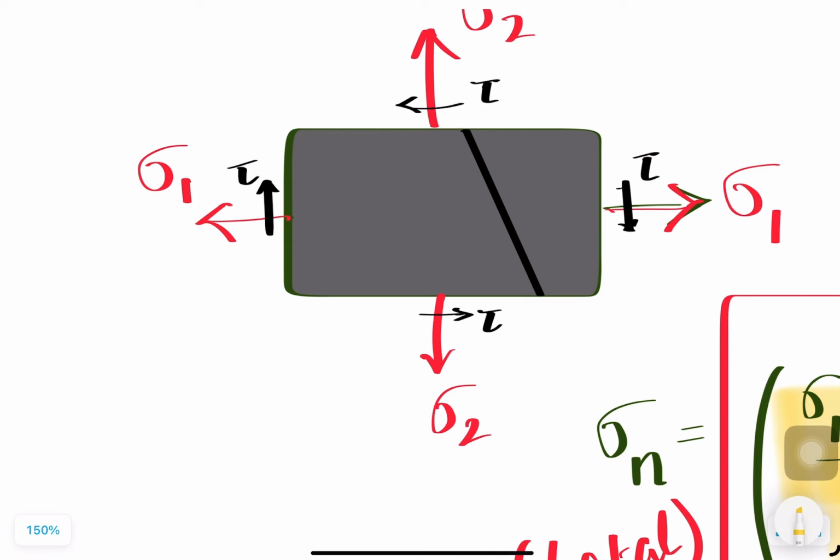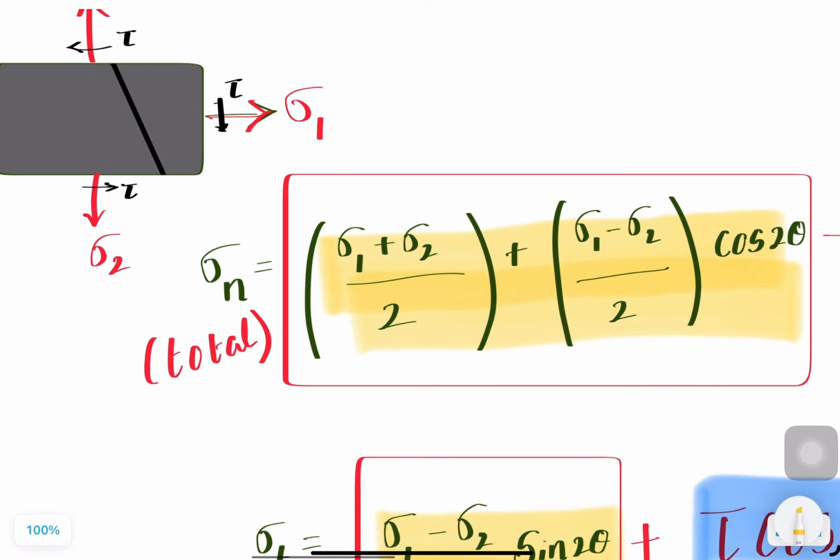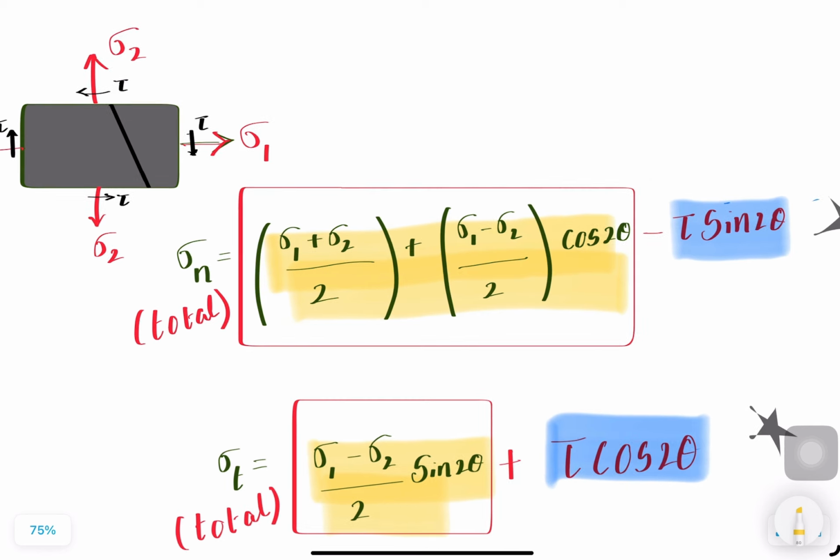And the maximum normal stress and the maximum tangential stress occur on a specific plane. It's not all the planes. That's quite obvious. It occurs on a very specific plane. Okay. So last class, we derived the general expression for the maximum normal stress, and the expression for the tangential stress.